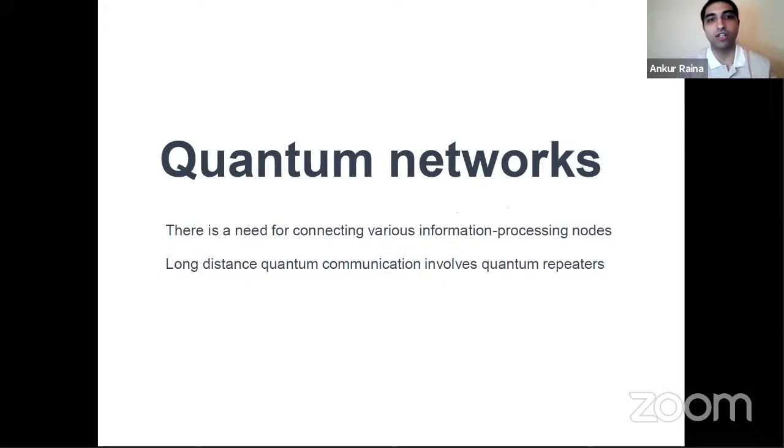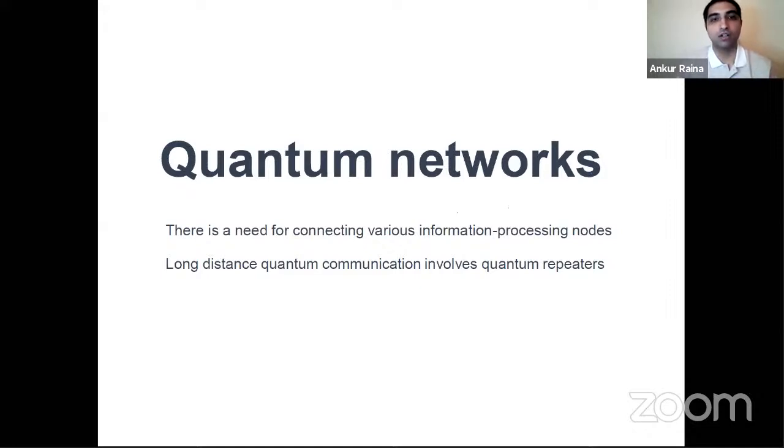So this will involve long distance communication, and will involve quantum repeaters, because the information has to be communicated from one area to another area. So there will be these quantum repeaters, and we will have to use the knowledge of quantum error correction at those quantum repeaters, so that information can be pumped forward and can be used to connect different nodes in a network.